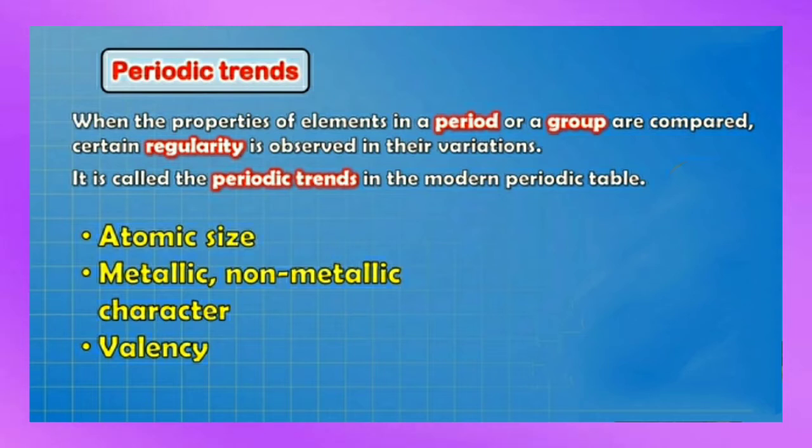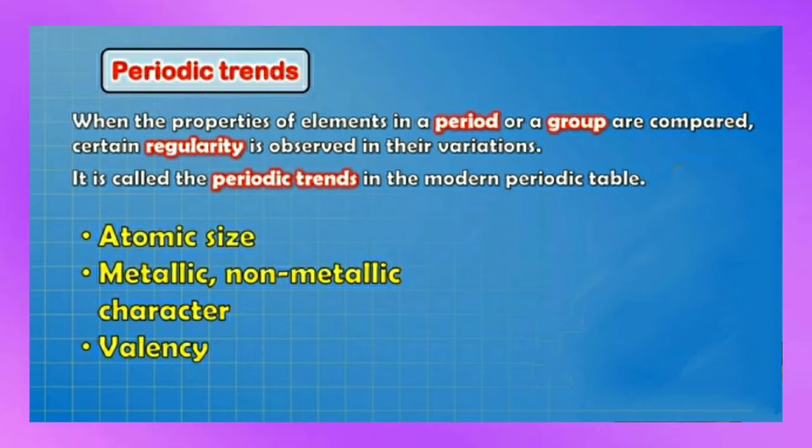Okay, so what is a periodic trend? When properties of elements in a period or a group are compared, certain regularity is observed in their variation, and this is called periodic trend in the modern periodic table. So, what characteristics are we going to learn in this periodic trend?